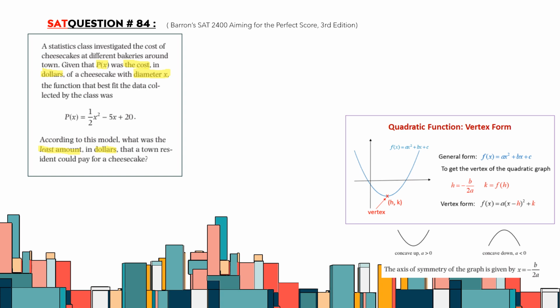They don't ask for X, but the cost is the dependent value. It depends on the diameter of the cheesecake. That's why we have to find the X.